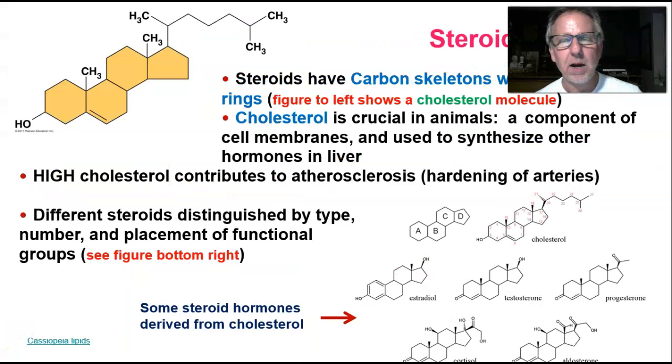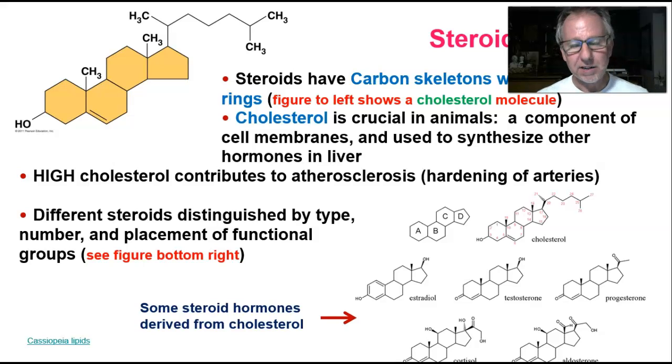Okay, we're wrapping up lipids, and in fact, we're wrapping up this whole chapter on organic molecules with steroids. Steroids are also lipids because, I could ask you why, they're full of carbons and hydrogens and they're nonpolar, therefore they are hydrophobic. So steroids are lipids.